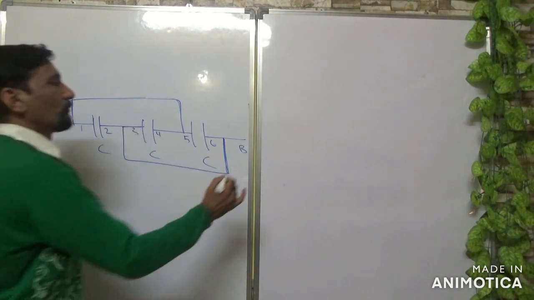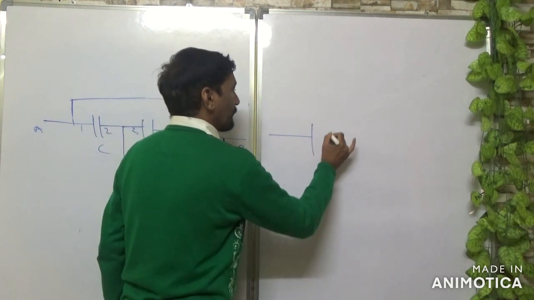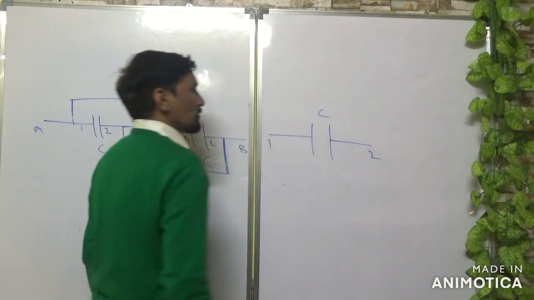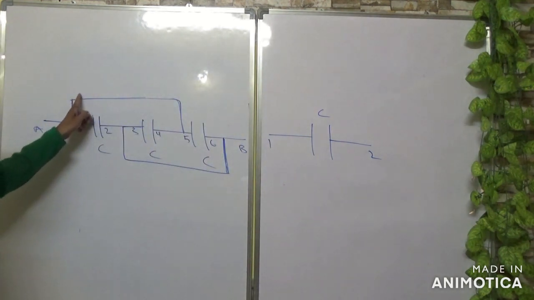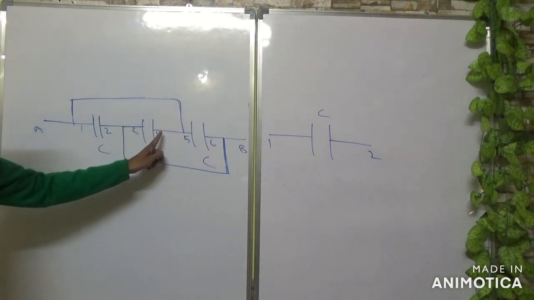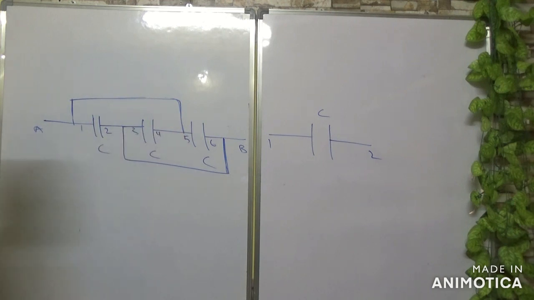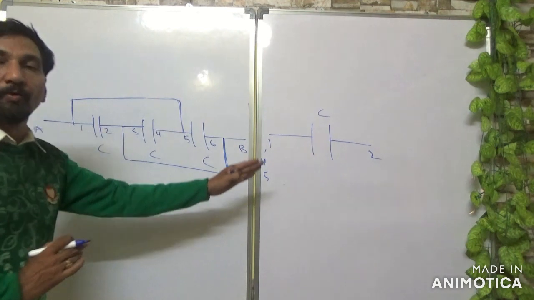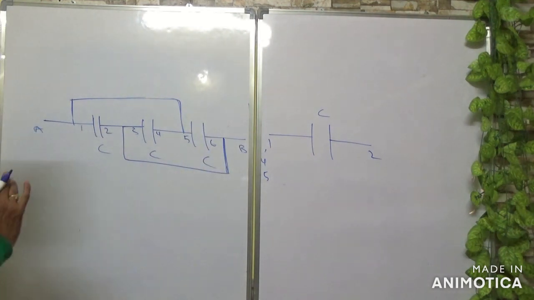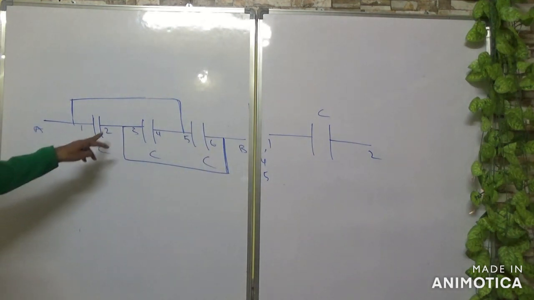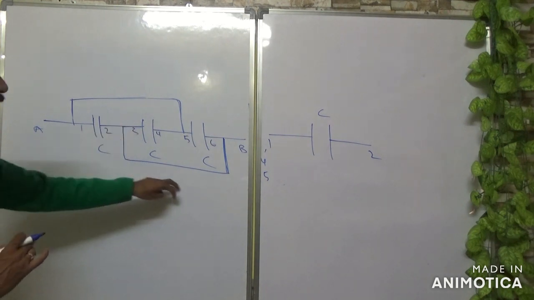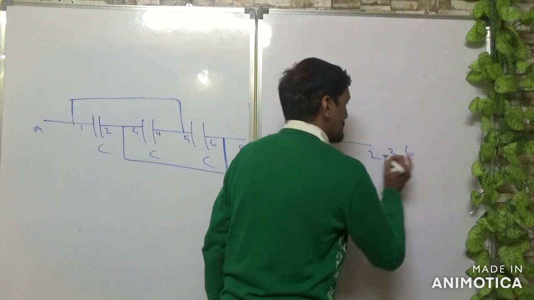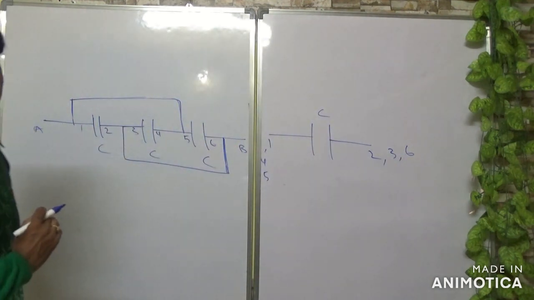Now, the endpoints of the first capacitor are 1 and 2. If you notice, this end 1 is joined to 5 and 4, common. That means 1, 4, 5 are at one end. Now, if you notice, this 2, 3 joint is given to 6. That means 2, 3, 6 are on the other side.